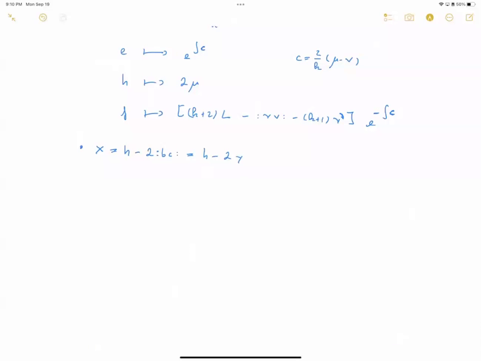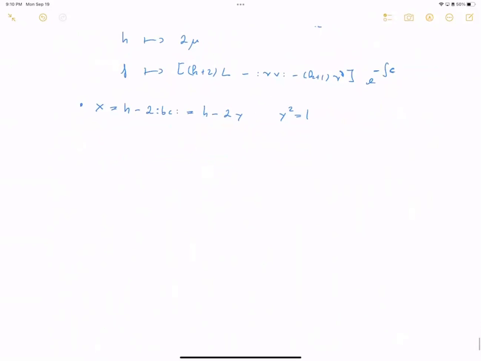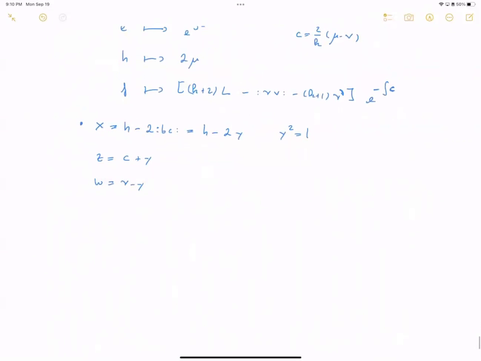So the bosonization I call Y. Y is then a Heisenberg field of norm 1. And now it's good to introduce two more fields. So first of all, this field Z, which is mu plus Y, and another one W, which is mu minus Y. So then we have that both of them come.